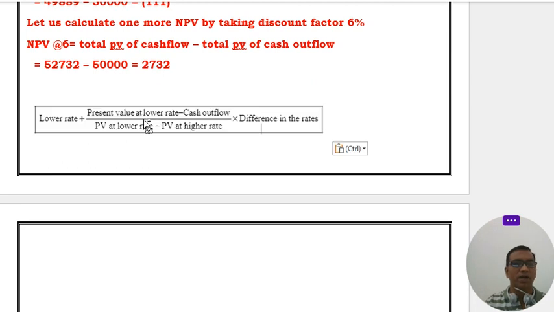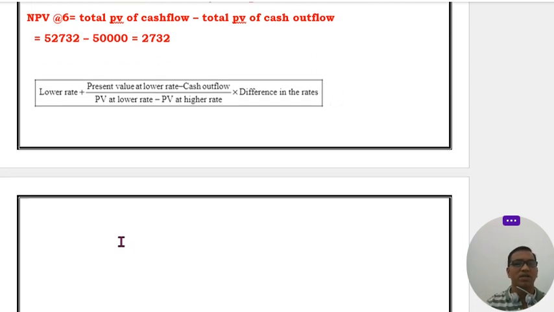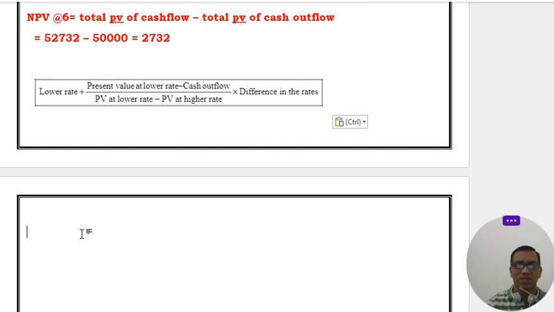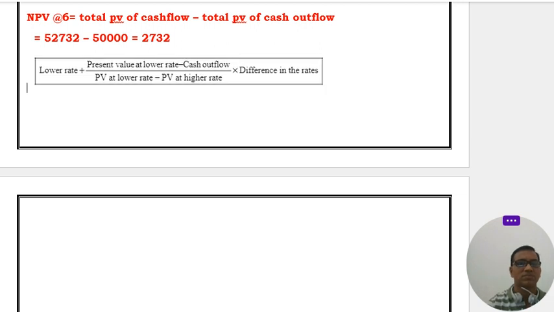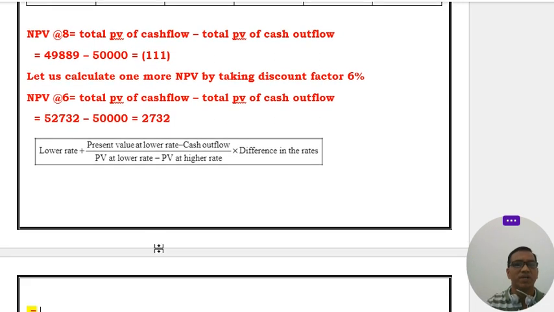What is the formula? Lower rate of return. What is the lower rate of return out of 6 and 8? Out of 8 and 6, 6 is the lower rate.